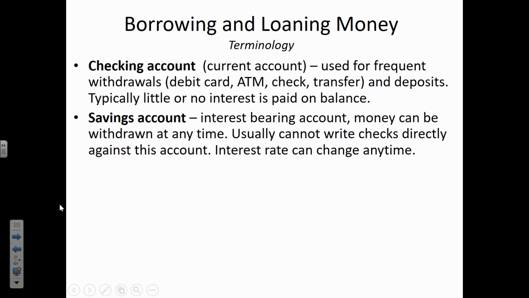And so it's for purchases and withdrawals by either debit card, checks, ATM withdrawals, and some checking accounts pay interest, but not usually very much. I've got a checking account that pays interest, but it only pays 0.01% interest. So that means that if I put $100 into an account that's paying 0.01%, at the end of the year, I'm getting a penny.